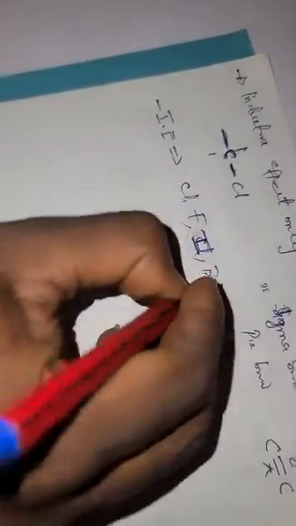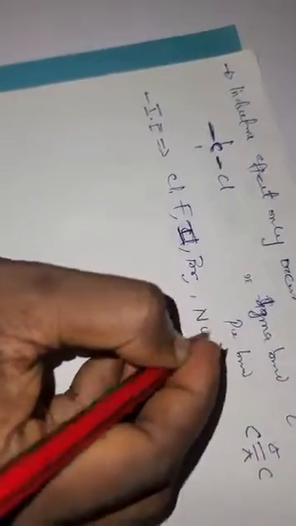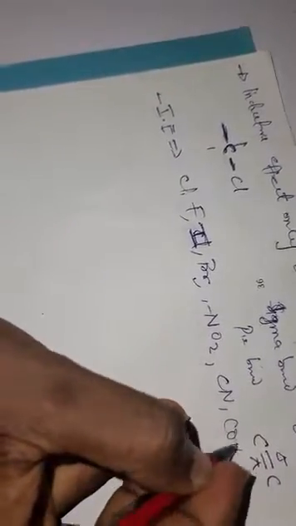Are you okay with that? Also we have the NO2 group, the CN group, the CHO group, the COR group, and SO3H. They showcase what we call the negative inductive effect.